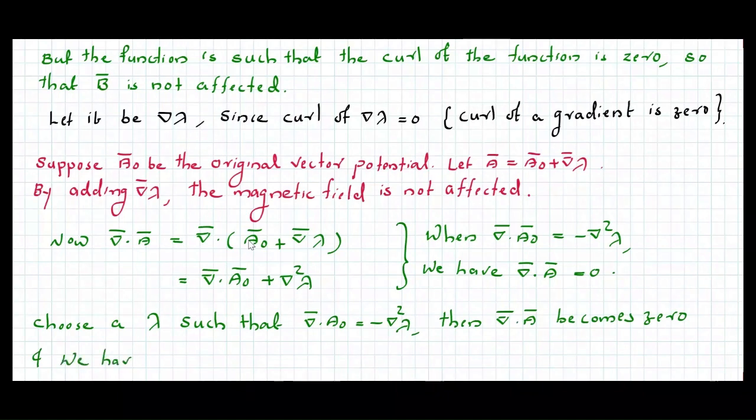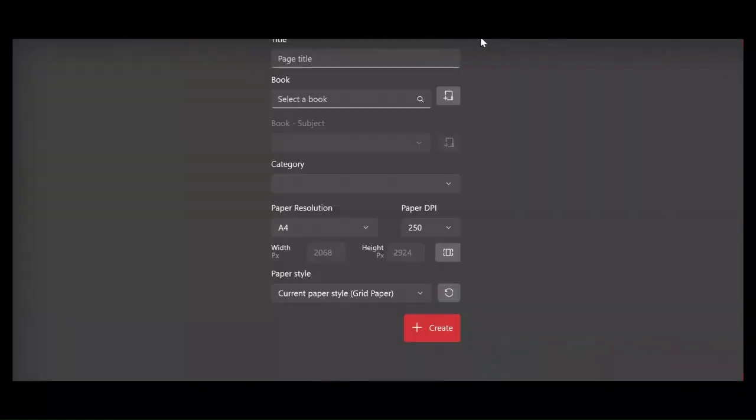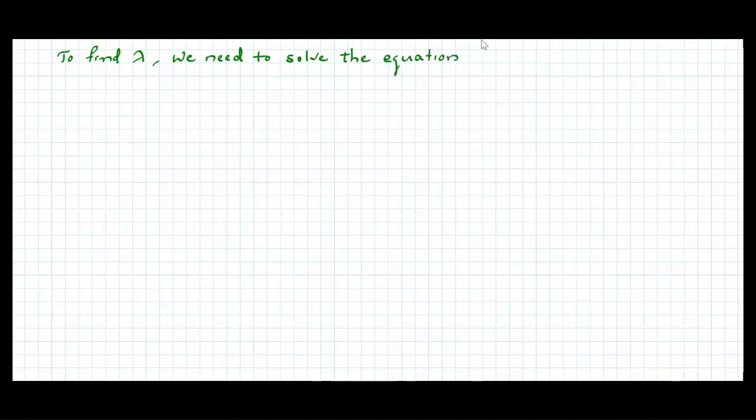When del dot A equals 0, your equation reduces to del square A is equal to minus mu 0 j. So we have to find a lambda for which del square lambda is equal to minus del dot A0.